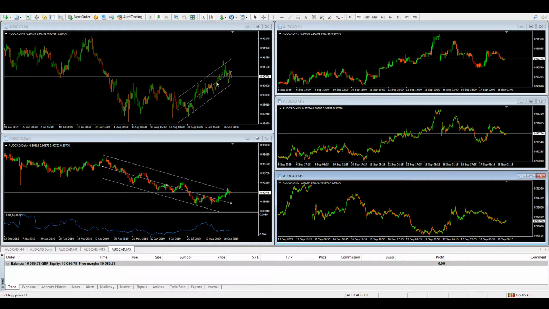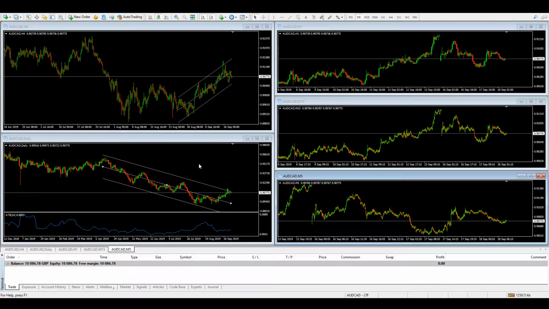If we're looking at a downtrend, I want to see similar price action on the lower time frames. For starters, lower lows, lower highs in the price, and also the price being overbought or oversold in terms of standard deviation. So hopefully that gives you a brief overview of what we're looking for.